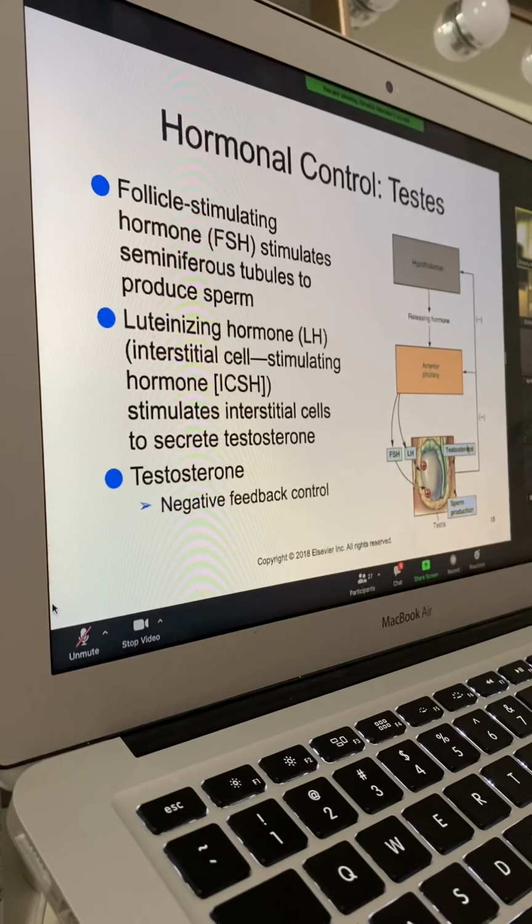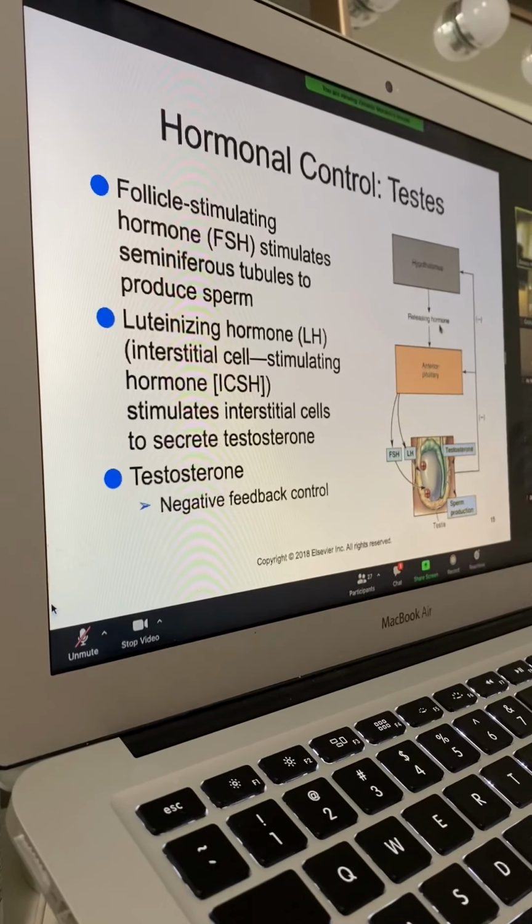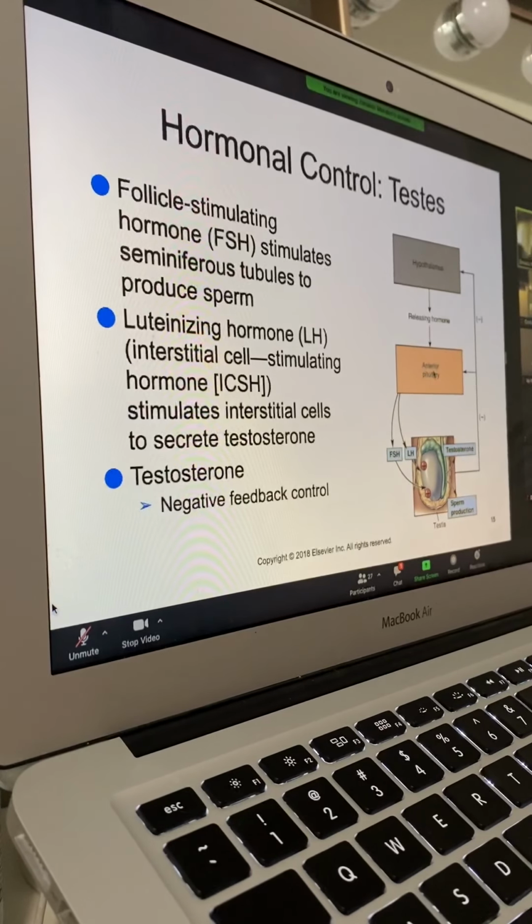Once the level of testosterone is decreased, the brain will stimulate the hypothalamus to produce the releasing hormones. These releasing hormones will stimulate the anterior pituitary gland. Once the anterior pituitary gland is stimulated, if the level of the testosterone is low, it will release the LH and the FSH, luteinizing hormone and the follicle stimulating hormone.